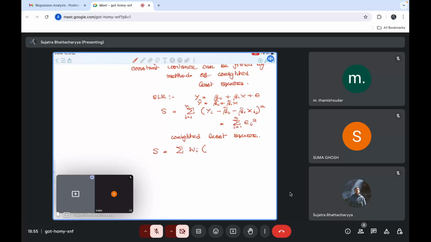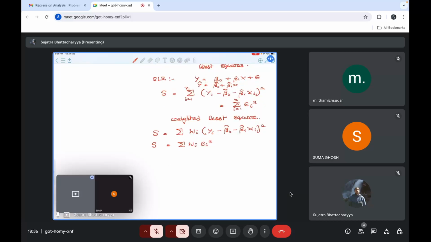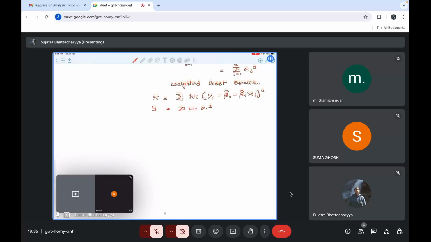So for the ith observation the weight is Wi, times Yi minus beta naught hat minus beta 1 hat xi. Other things will not change, so finally it will be Wi Ei square. Correct? This is your sum of square of residual. Now, to calculate beta naught hat and beta 1 hat, we do the same thing.